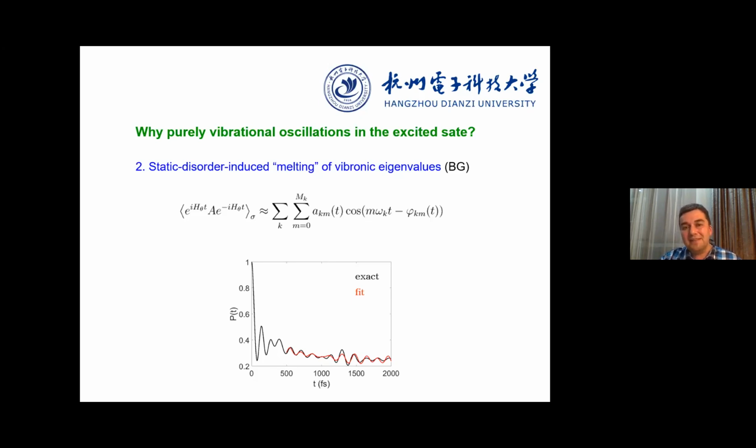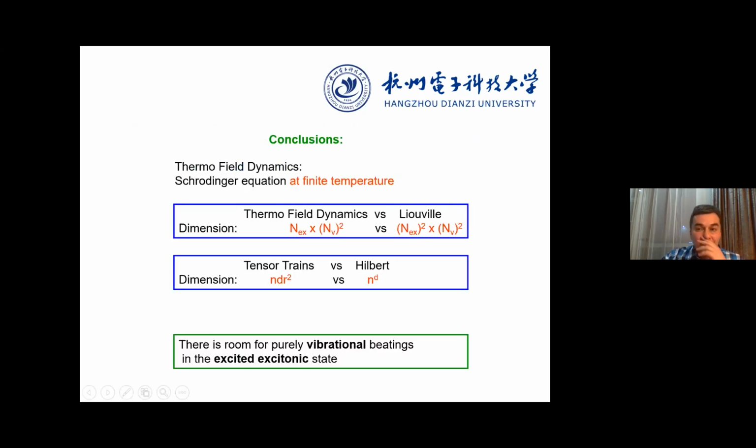So what remains, at least here in this model of FMO, is more or less purely vibrational dynamics, which is induced by the melting of exciton vibrational, vibronic eigenvalues of the original system. And so let me stop here.